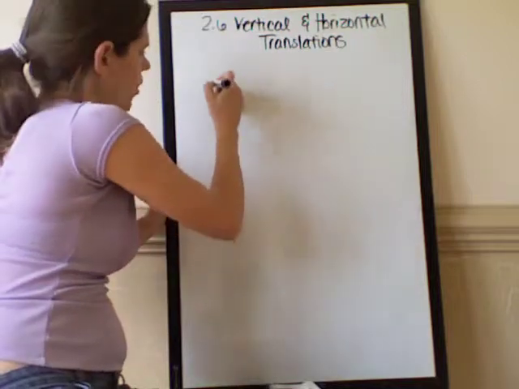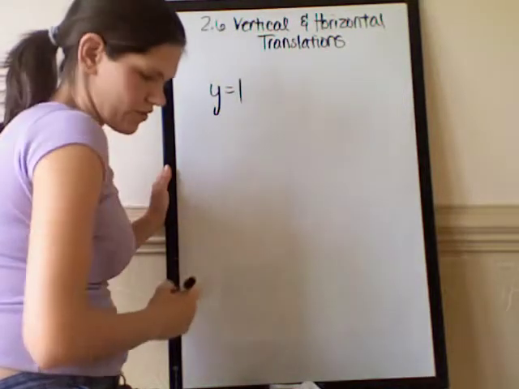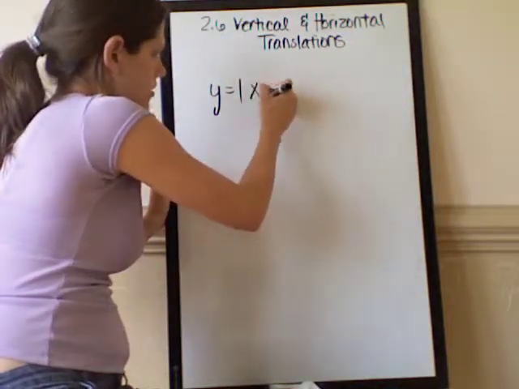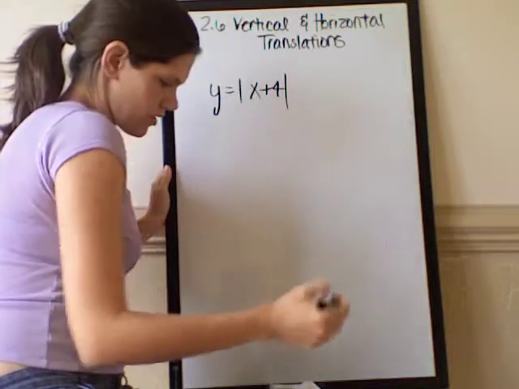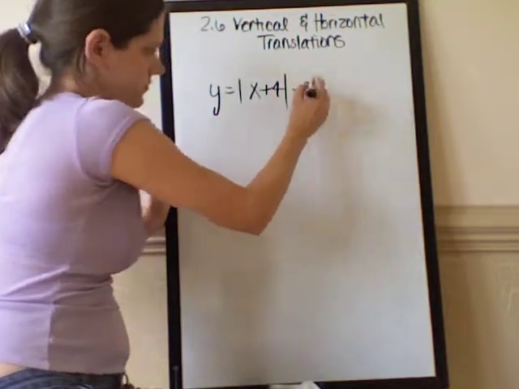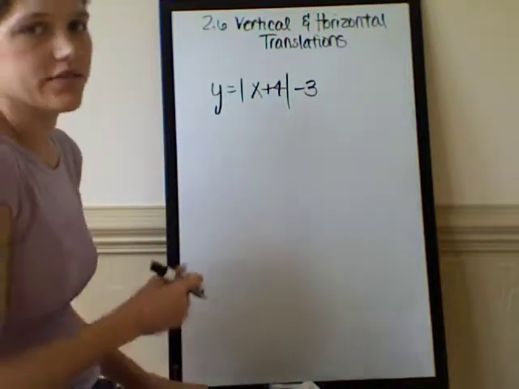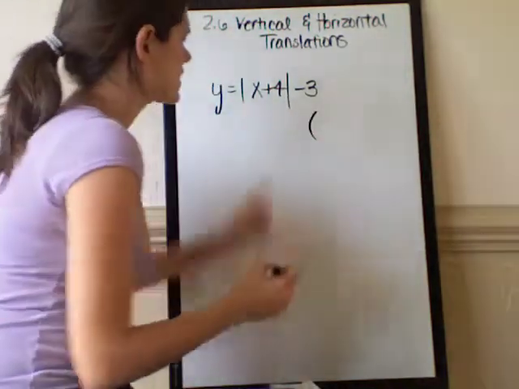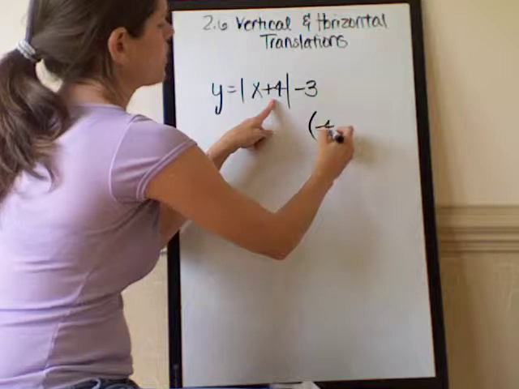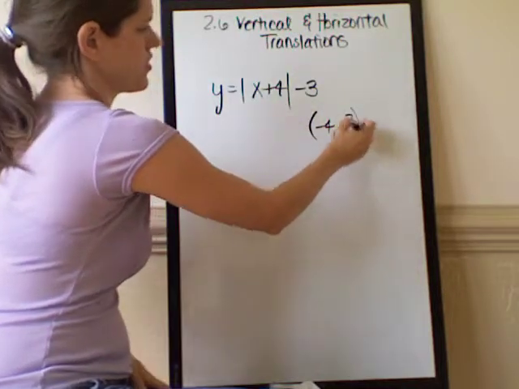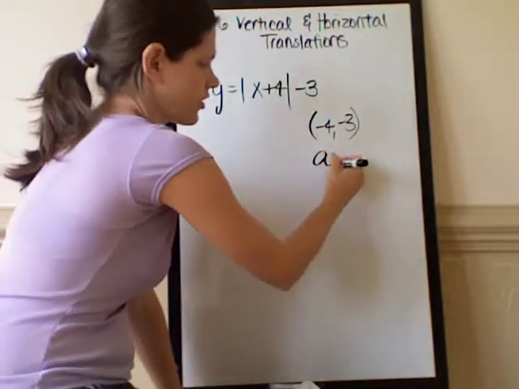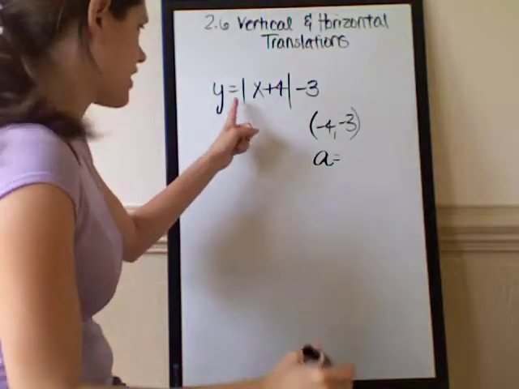The next one, y equals the absolute value of x + 4, minus 3. Alright. First off, identify my vertex. The vertex here is -4, -3. And my a value, or my slope, is a 1.